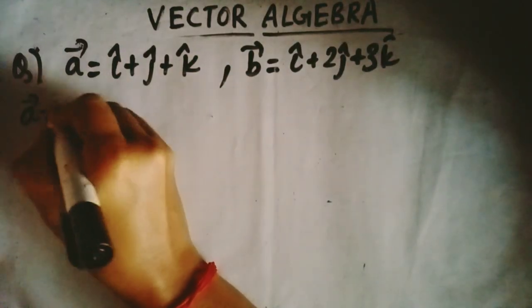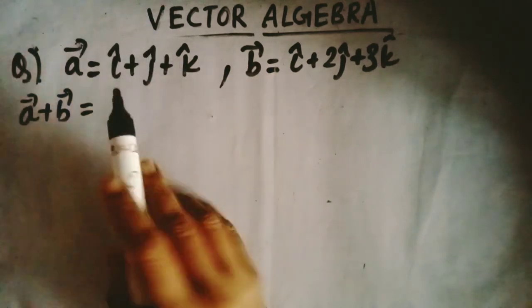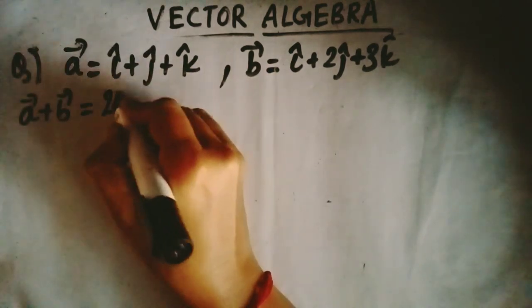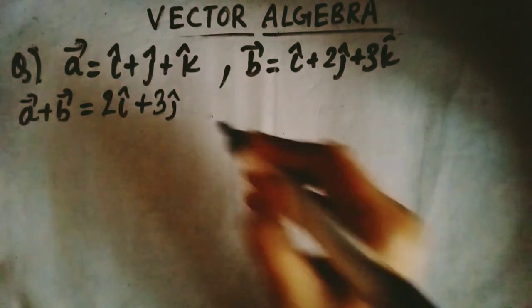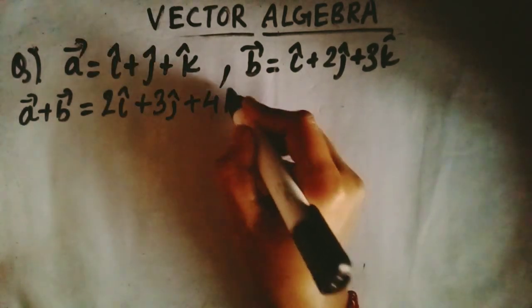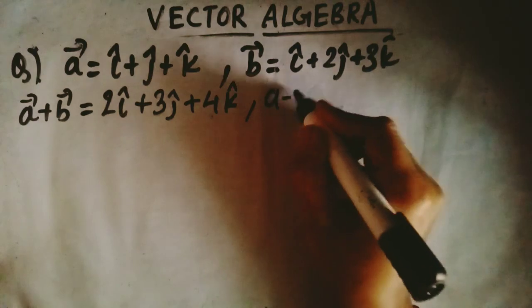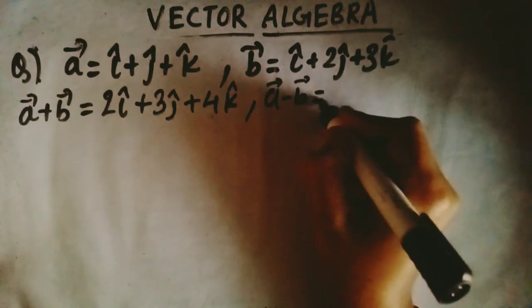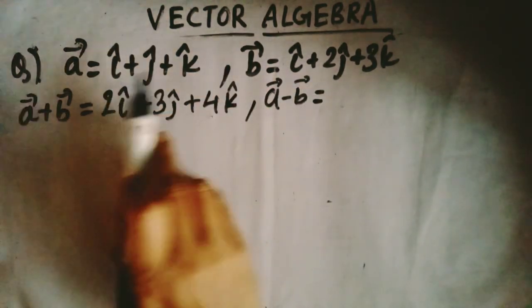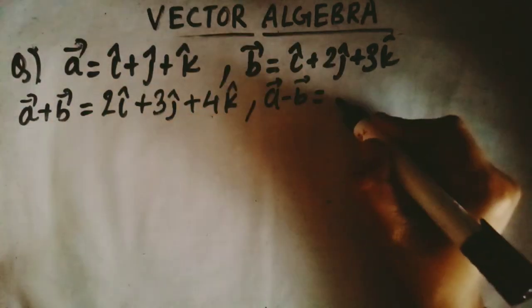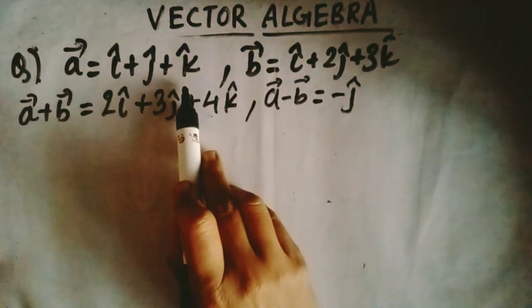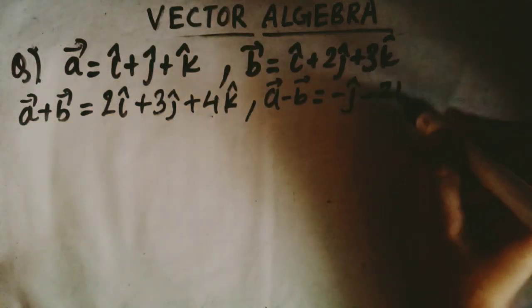So A plus B vector is 1 plus 1, 2i, 3j, 4k. A minus B is 1 minus 1, 0; 1 minus 2, minus j; 1 minus 3, minus 2k.